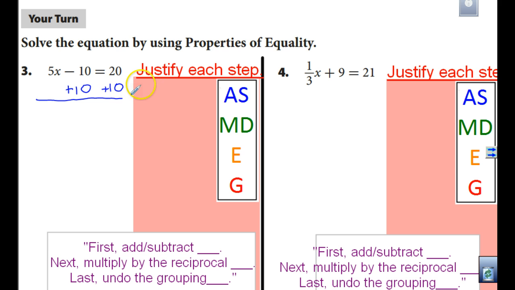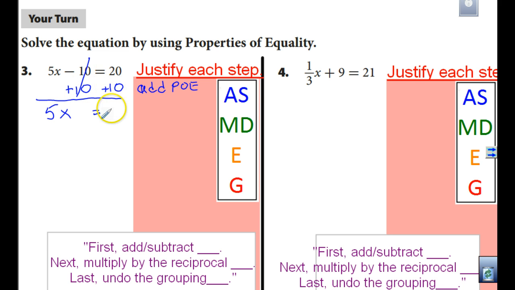But then off to the side, you're going to say, I'll say addition or add. Addition property of equality, right? Or we can say add to both sides. Addition, I say POE, property of equality. How about that? So we don't have space here. Then we say, okay, bring down the 5x.